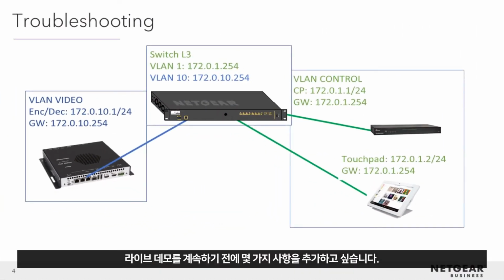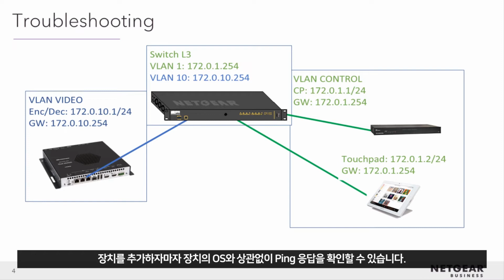Before continuing on live demo on troubleshooting, I want to explain some points. First thing, if you put your laptop in the control VLAN, then you try to ping the IP address of VLAN 10, so the IP address 10.254, you will get a positive answer only if a device is wired in the VLAN 10. If nothing is plugged, then the route won't go up and you will get a negative answer to your ping.